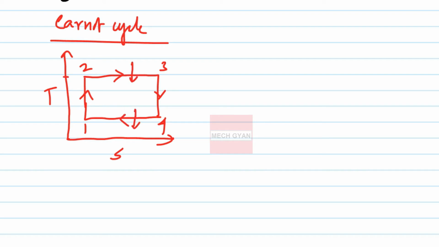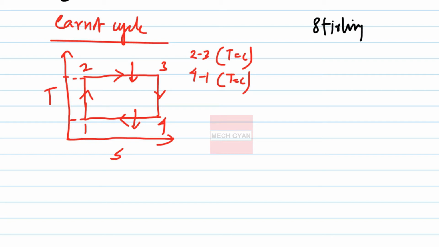Basically there are two isothermal processes in the Carnot cycle. 2 to 3 is temperature equal to constant, an isothermal process, and 4 to 1 is again T equal to constant. So our choice, the Carnot cycle, matches the required answer.